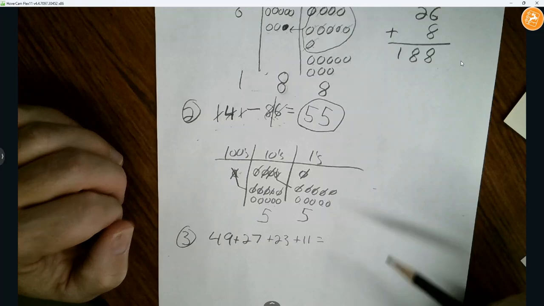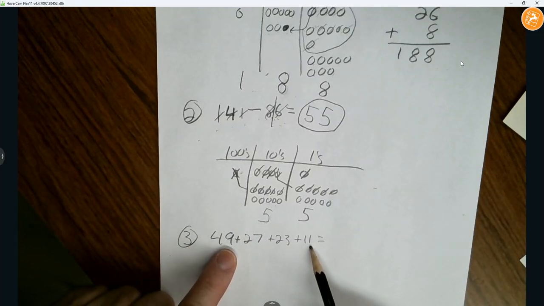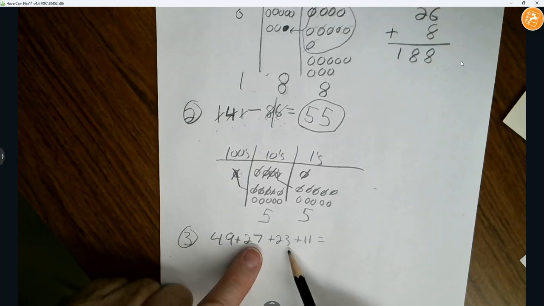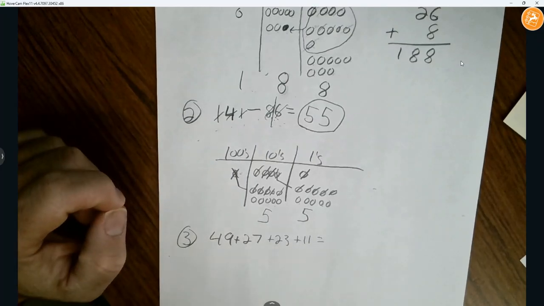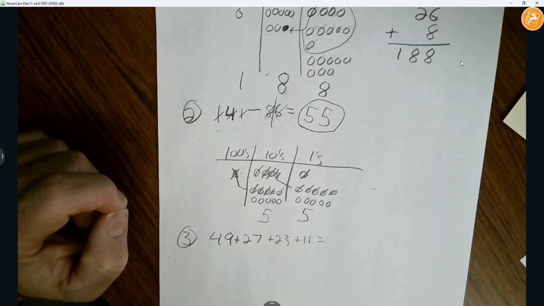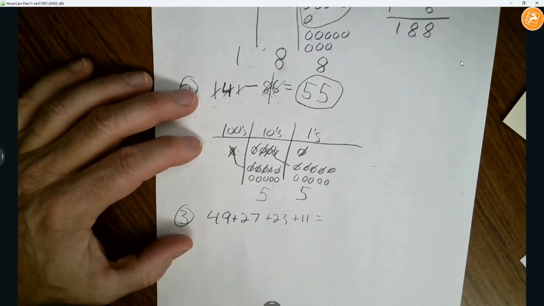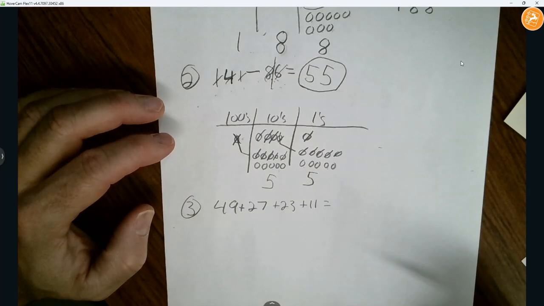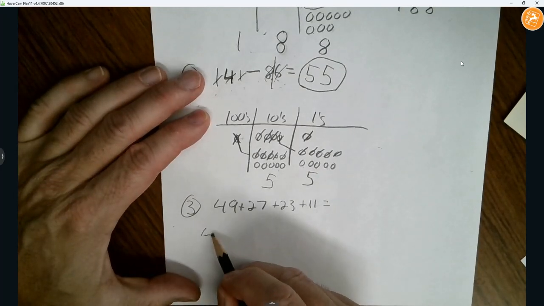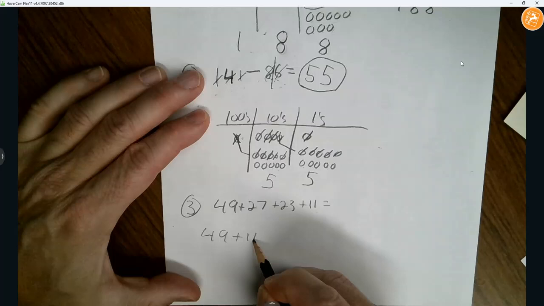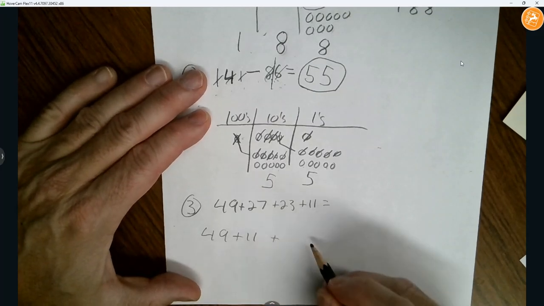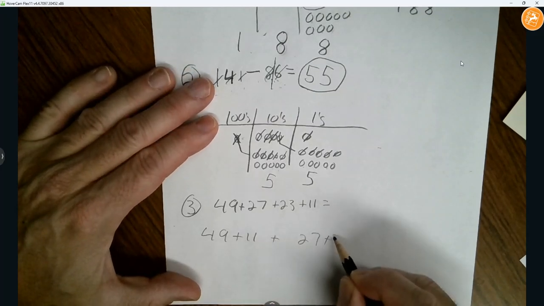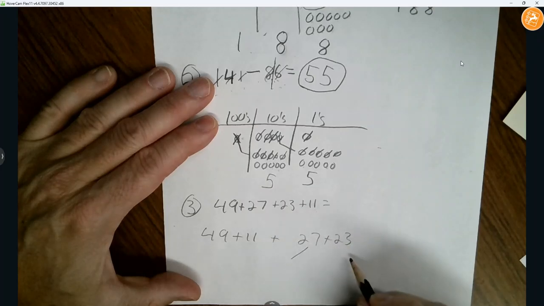I remember 10 buddies. We look here and here, that 9 and that 1, that can make a 10 buddy. And that 7 and that 3, that can make a 10 buddy. So there's a bunch of ways we can do this. If we're doing 10 buddies and we go 49 plus 11 plus 27 plus 23, I'm going to break these down a little bit.